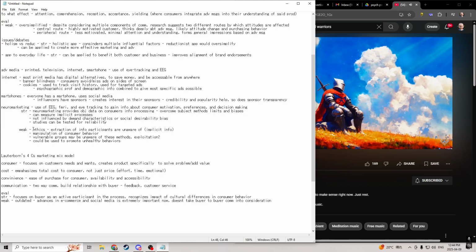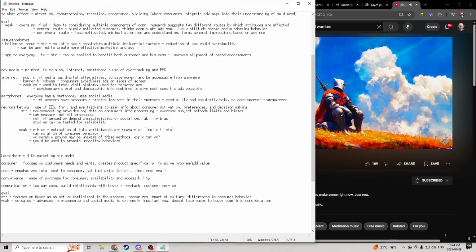And then the weaknesses, we have 4, all about ethics basically. Extraction of info that the participants are unaware of is ethically questionable, like extracting implicit info in their brain that they're not aware of. And then, of course, the use of that info to manipulate consumer behavior is ethically questionable as well. Additionally, vulnerable groups like children or mentally handicapped people may be unaware of these methods, and so that raises questions about exploitation.